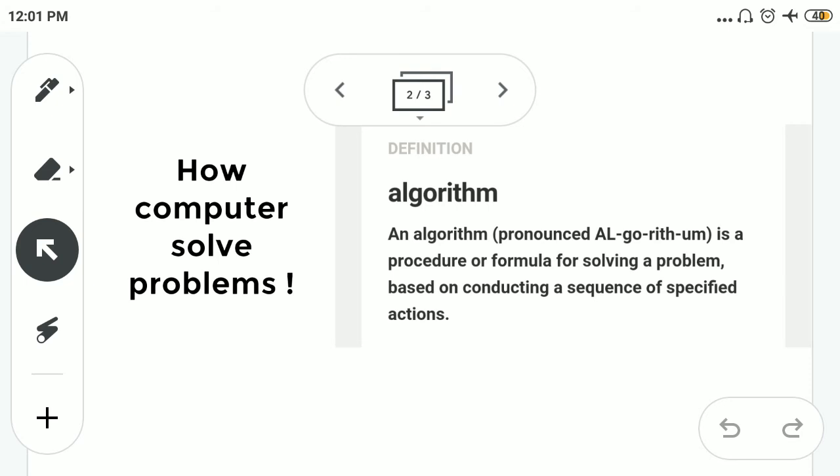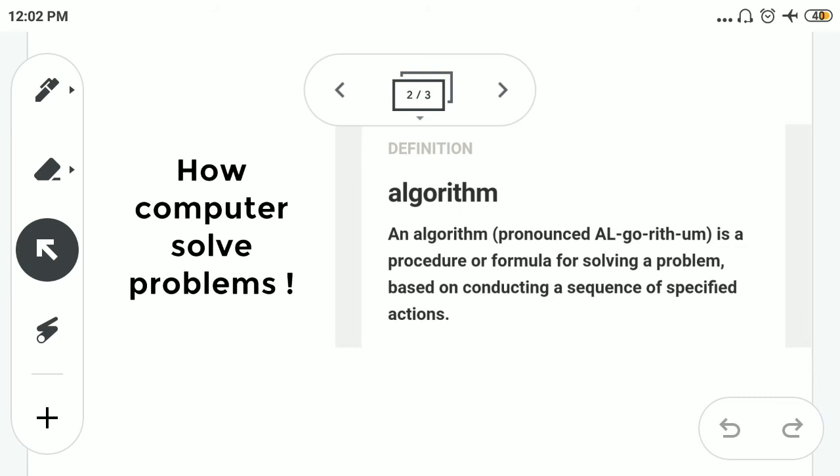So computers are used to solve the problem, and you can see that there is a word on the screen, algorithm. An algorithm is a procedure or formula for solving a problem based on conducting a sequence of specific actions. The pronunciation is algorithm.